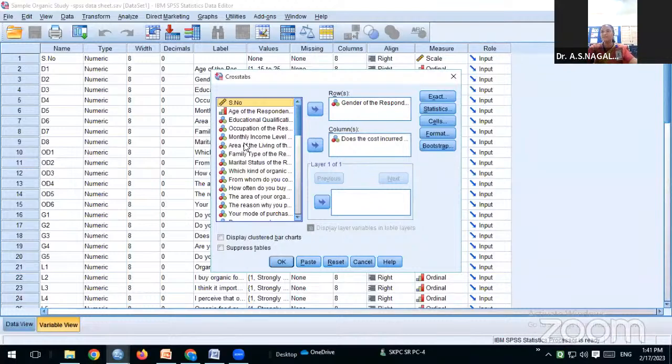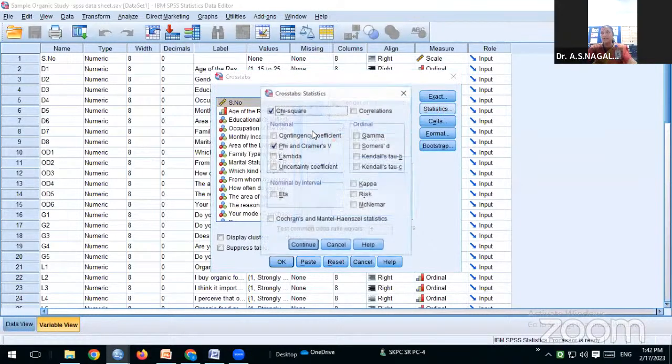According to the hypothesis that we have created, I have taken gender with the cost incurred for buying an organic product offering you the maximum level of satisfaction. Both are categorical variables and both are dichotomous variables. For gender, I have taken male or female. In this one, I have taken yes or no. In Statistics, I have taken chi-square and phi.